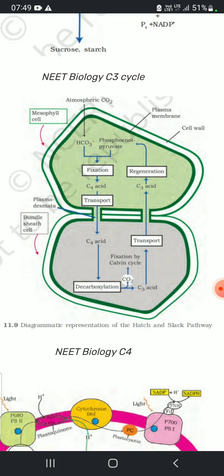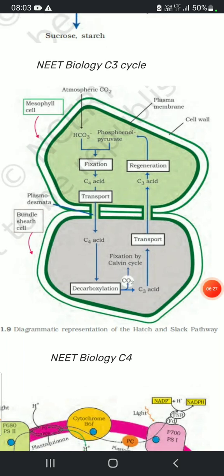Then the C4 acid, which is oxaloacetic acid, is transported to the bundle sheath cell. There decarboxylation occurs, C3 acid is formed and CO2 is removed.